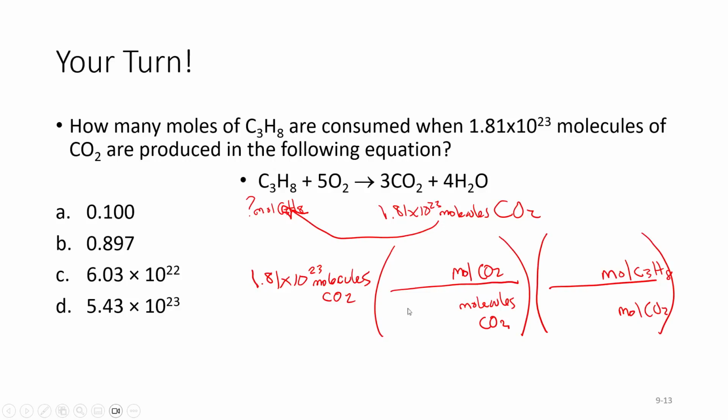So, step 1, we're converting to moles of CO2. Step 2, we're converting to moles of C3H8. Now, what conversion factors do we put in here? Well, over here, we know that 1 mole is equal to 6.022 times 10 to the 23rd molecules. In other words, 1 mole is equal to Avogadro's number.